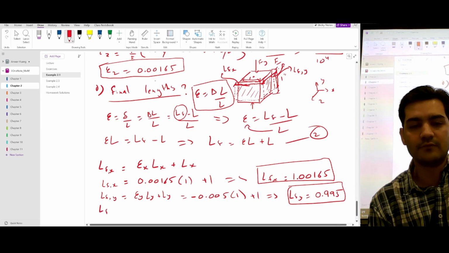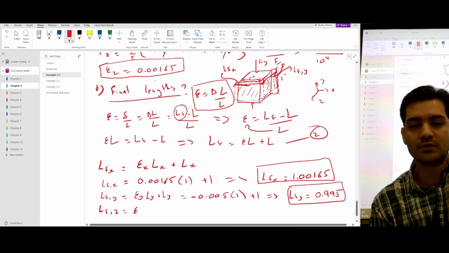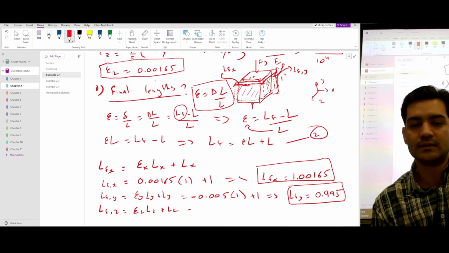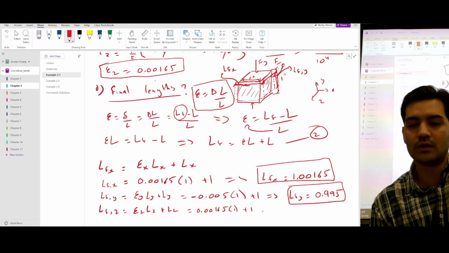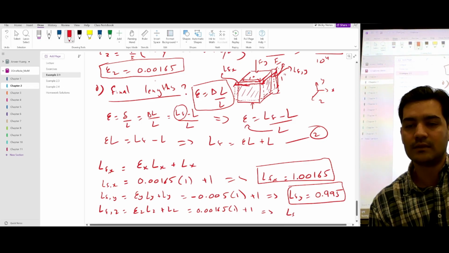Similarly, you can calculate the final length along z direction, which is equal to strain in z times length z plus Lz, which is 0.00165 times 1 plus 1. This implies that the final length in z direction is 1.00165.